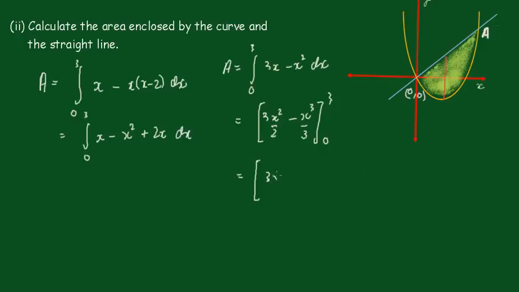It becomes 3 times 3 squared over 2 minus 3 cubed over 3. And putting the zeros in, it just becomes 0. And of course that becomes 27 on 2 minus 27 on 3. Working that out in your calculator, that comes out to 4.5 units squared.